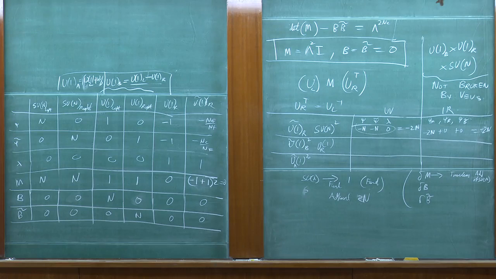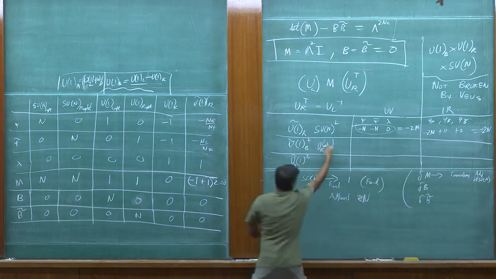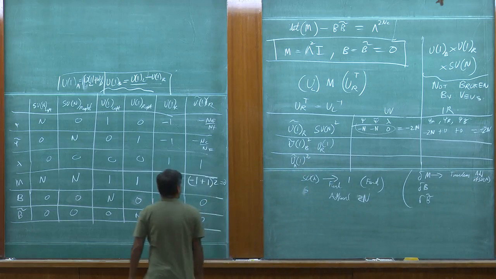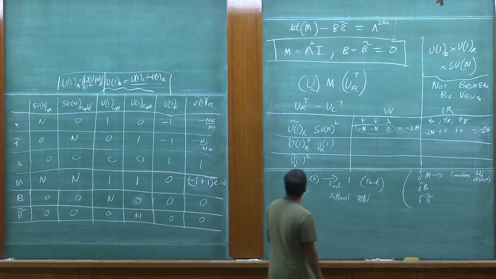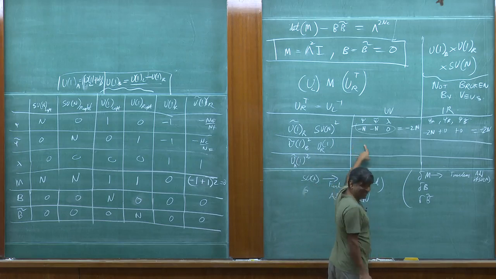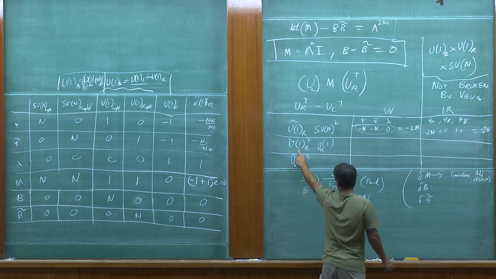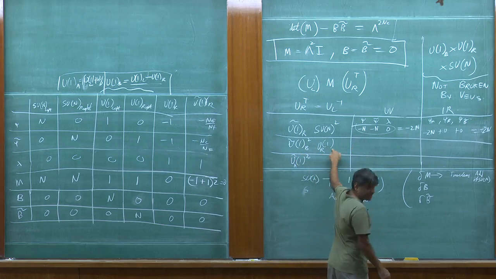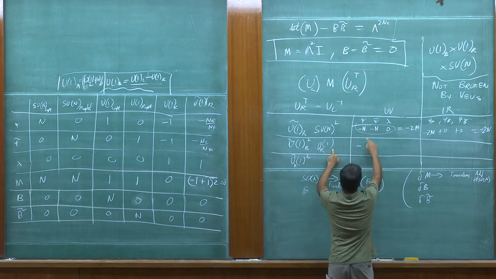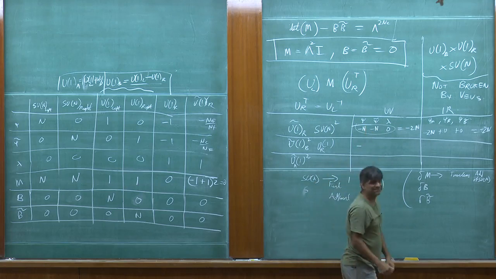Now let's look at U(1)_B squared U(1)_R. Under U(1)_B, each psi carries charge 1. So U(1)_B squared is 1 and each U(1)_R charge is -1. So we get -1, but then there are n such psis.